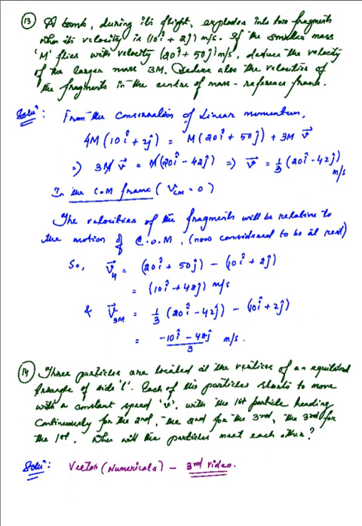The smaller mass m flies off at this value that we have over there, and the larger mass is 3m, that is 3 times the smaller mass. We need to calculate the velocity of that, and we also need to do it in the center of mass frame as well. Well, let's calculate the velocity first.